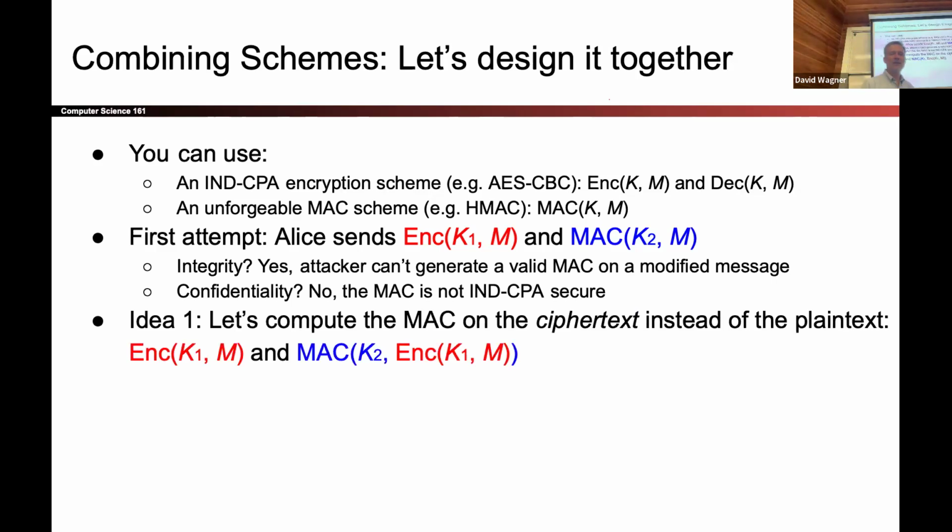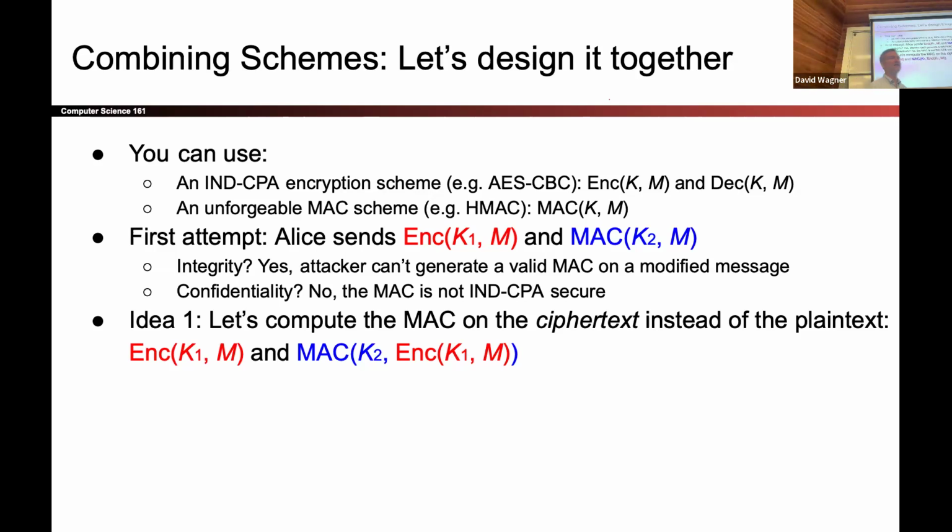Next attempt. Let's consider what happens if we encrypt first, and then we apply a MAC on the resulting encryption, what you suggested. Let's analyze this one. I like that suggestion. Does this provide, I don't know, start with integrity.